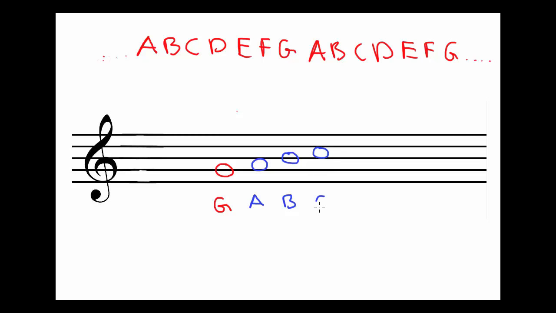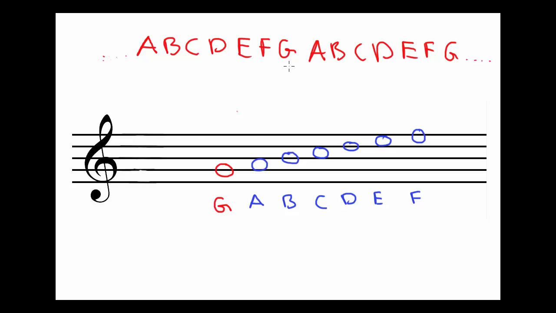So this is C. And then D, E. So now we have E here. And as you can see, E is on the last space, on the fourth space. That correlates to the note E. And then our last line here would be F.